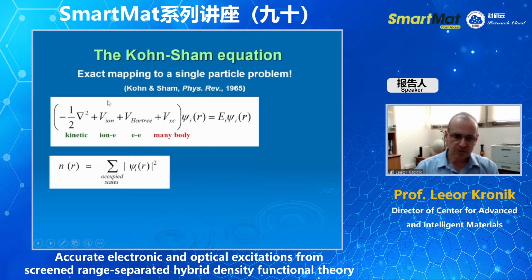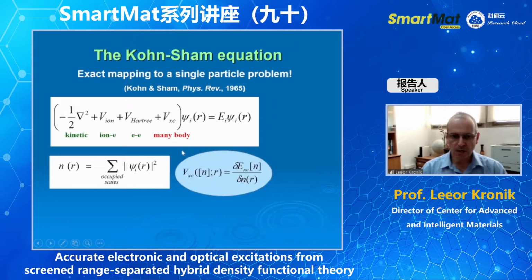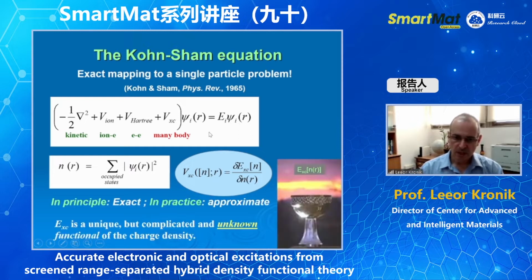So then I have this equation, and the magical thing about this equation is that it's actually exact. This is not an approximation. One can show that there is such an exchange correlation potential. It's really a functional derivative of an energy quantity known as the exchange correlation energy. That itself is a functional of the density, which is what gives the theory its name. So everything up to this point is completely exact. Only problem is that it's only exact in principle.